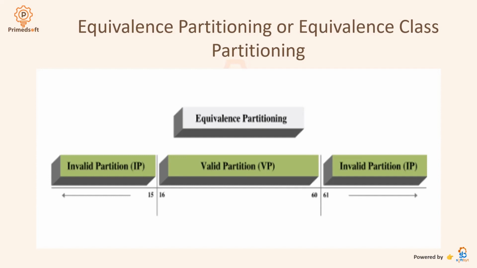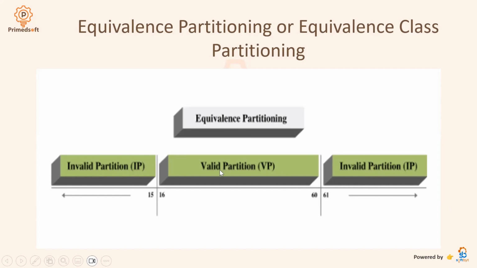Then the one that is not supposed to be taken, which is the lower equivalent class partition, you will partition into invalid, just like I have done here. Then the higher partition, which is another invalid, you obviously partition it, which is 61.